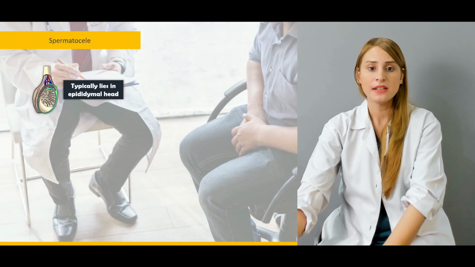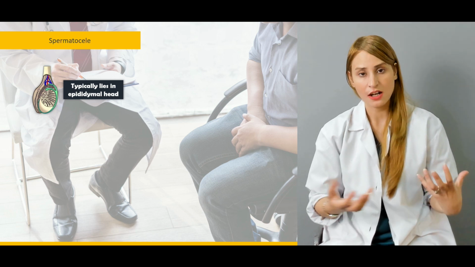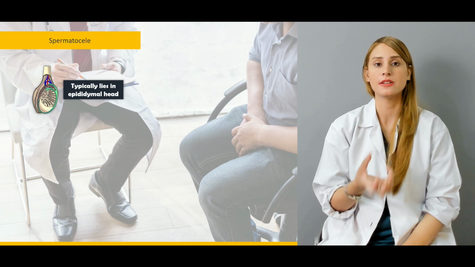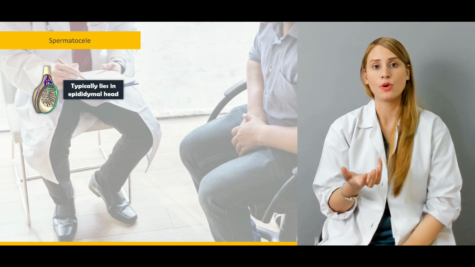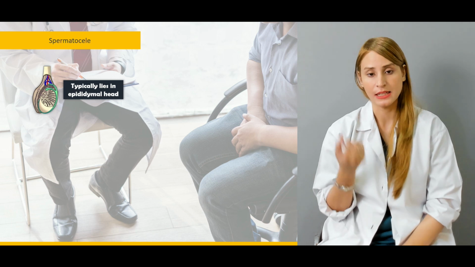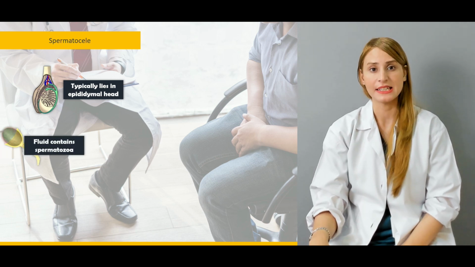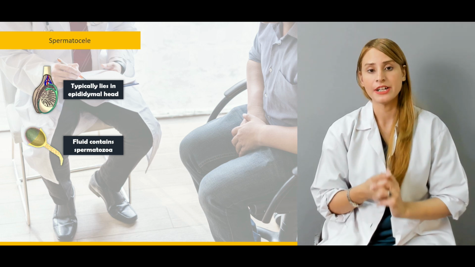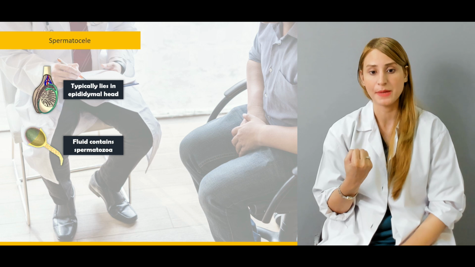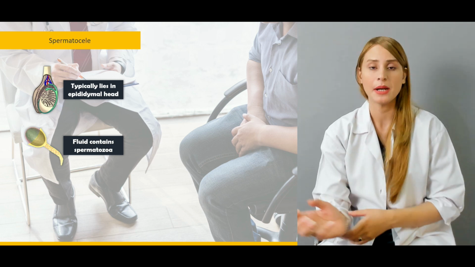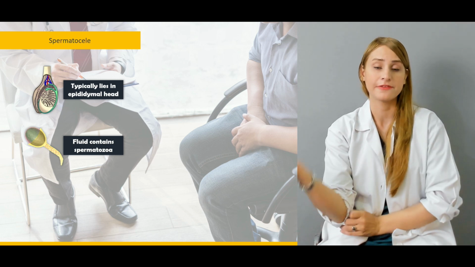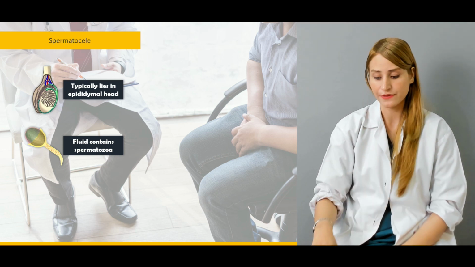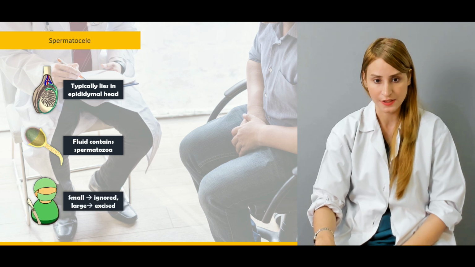I have already discussed that epididymal cysts and spermatoceles most of the time involve the upper part of the epididymis; the head of the epididymis is the most common part in which you can find a spermatocele. And because it's a seminal fluid, the percentage of spermatozoa is significant in case of the spermatocele.